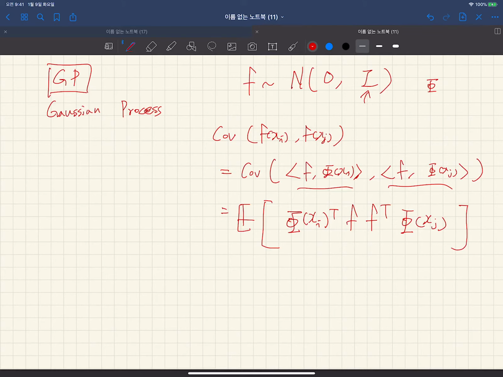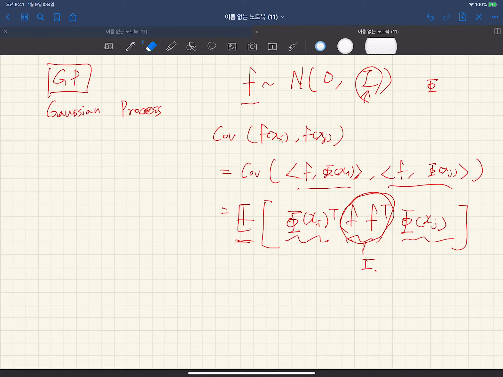So here this value and these values are constants, and only this part is a random variable. So we take the expectation with respect to the randomness of f. And since the covariance matrix of f is the identity matrix, this is equal to the identity matrix.